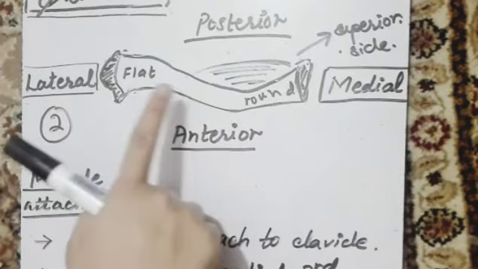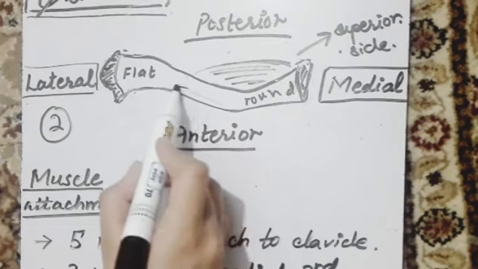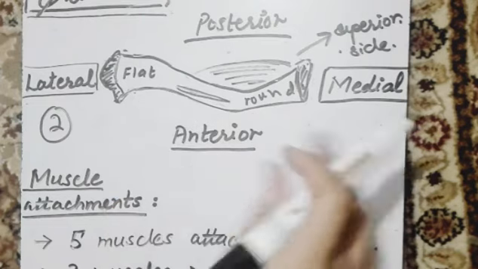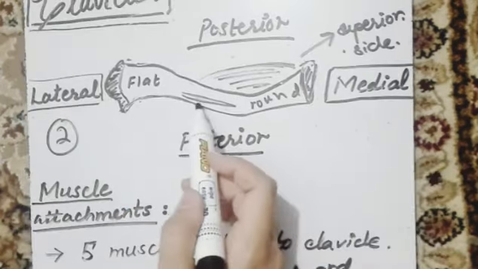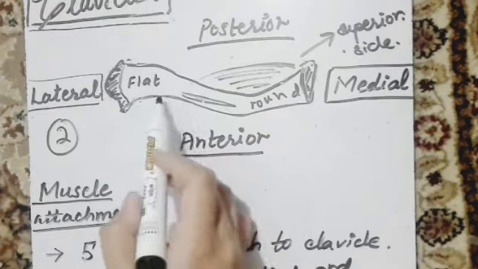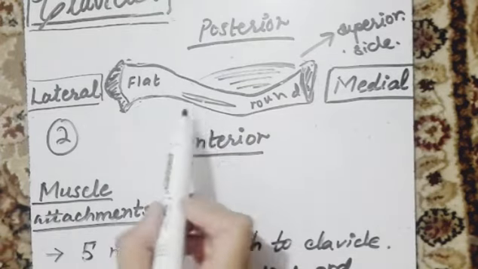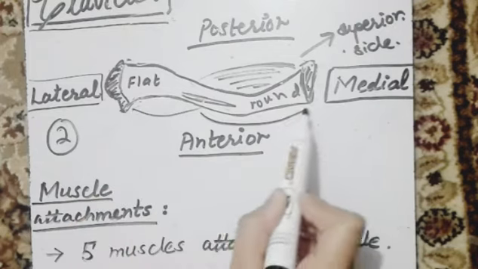Here on the inferior side, on the subclavius groove, and it extends from this point onwards to both the lateral and medial ends.